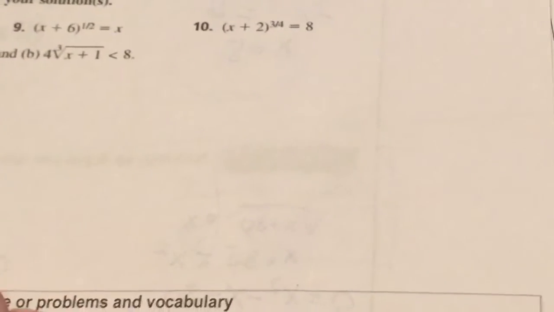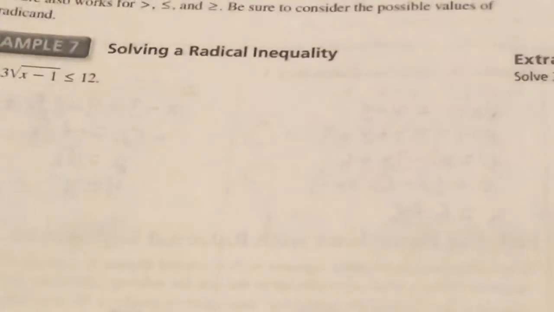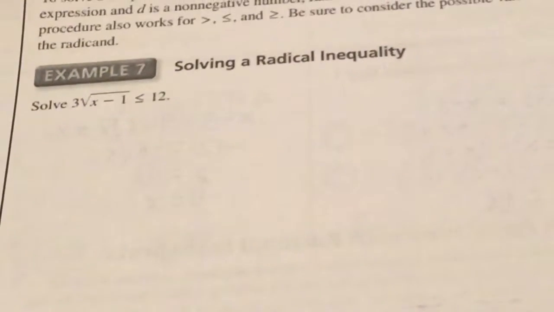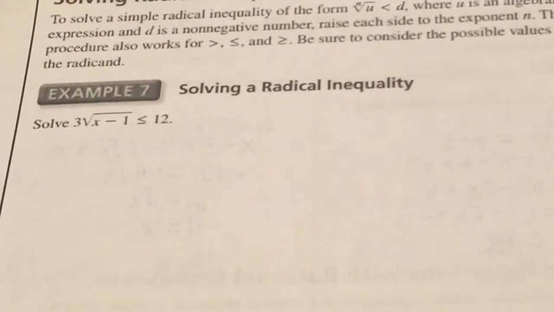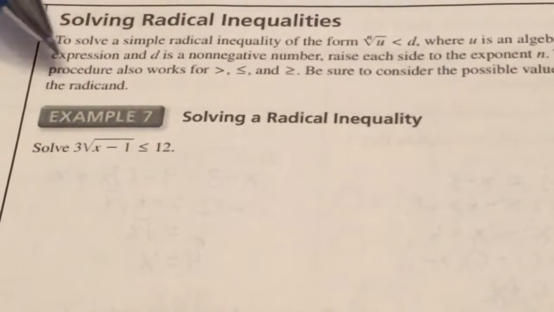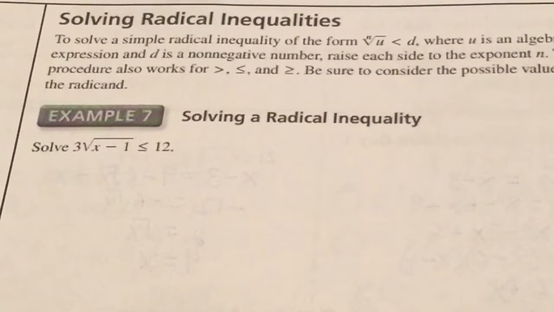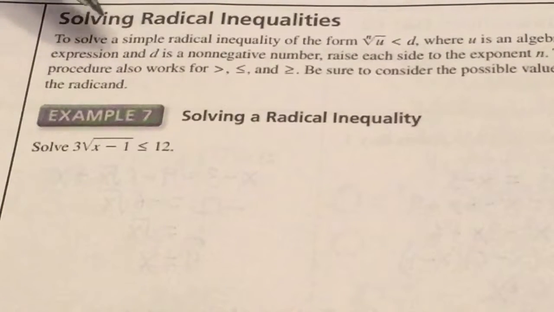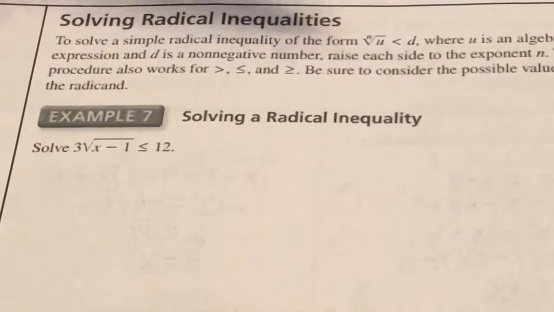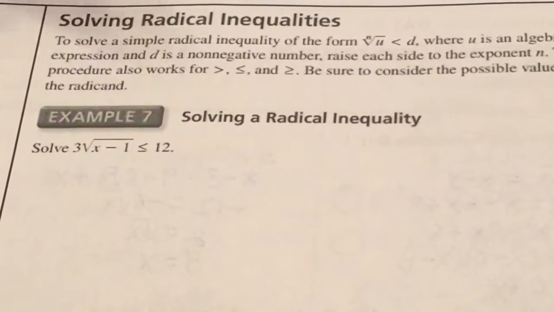All right, let's turn the page, and we'll look at some inequalities. Notice that what it says in the text here is that you can do the same sort of things you do to solve any equation, and you can take, for instance, the square root of something, and that maintains the relationship of the inequality.